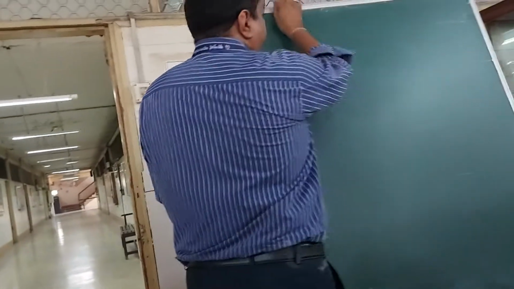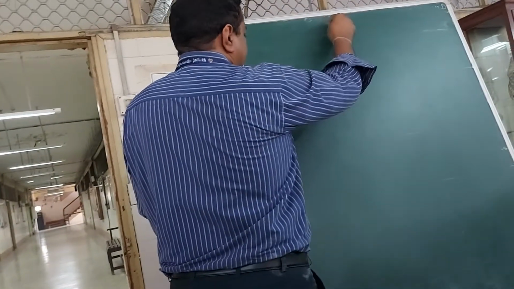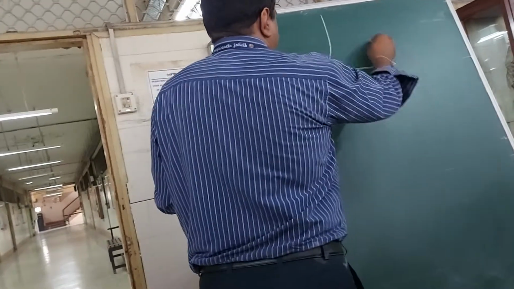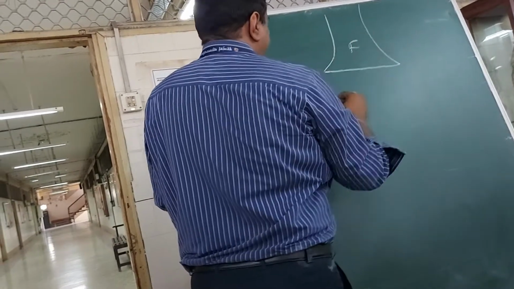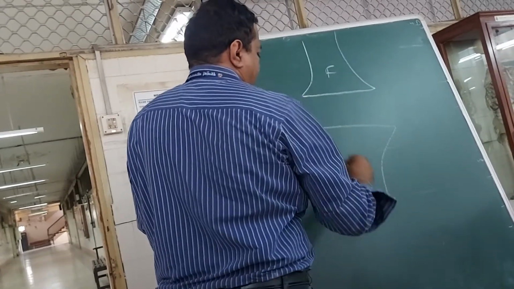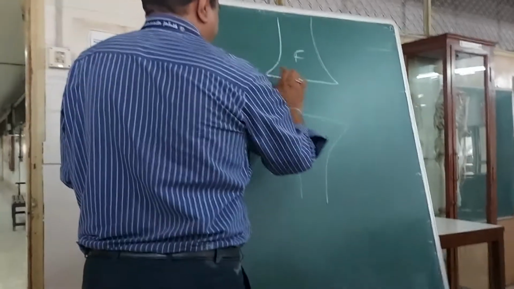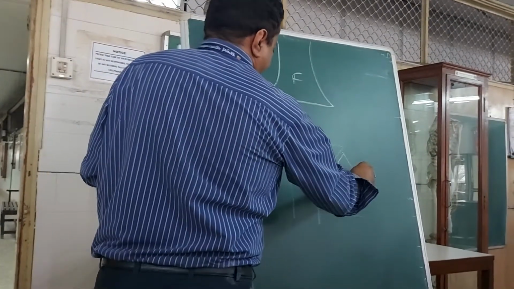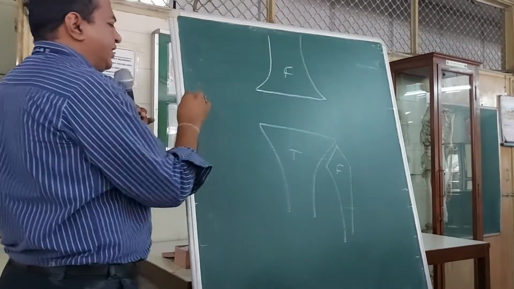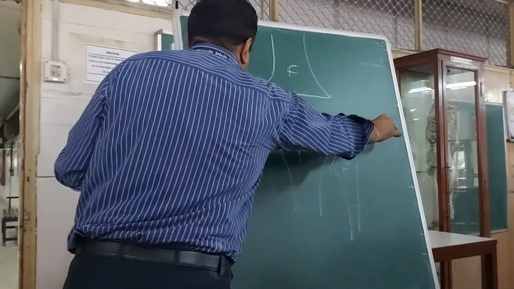Now when you talk about the other ligaments, you have to draw this diagram: femur, tibia, fibula. This is the medial side, that is the lateral side.